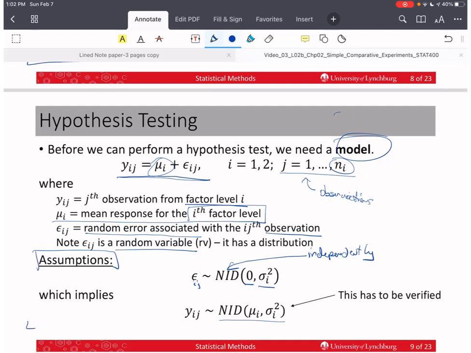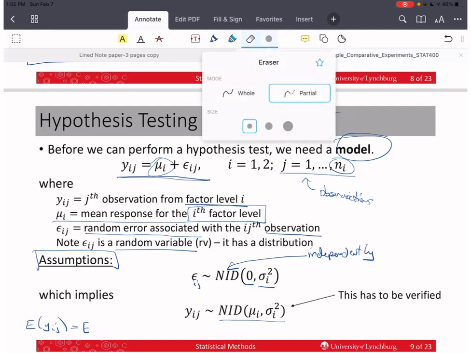How? Well, if we take E of Yij, that's going to be E of mu i, not ij, mu i. There's no j with mu.